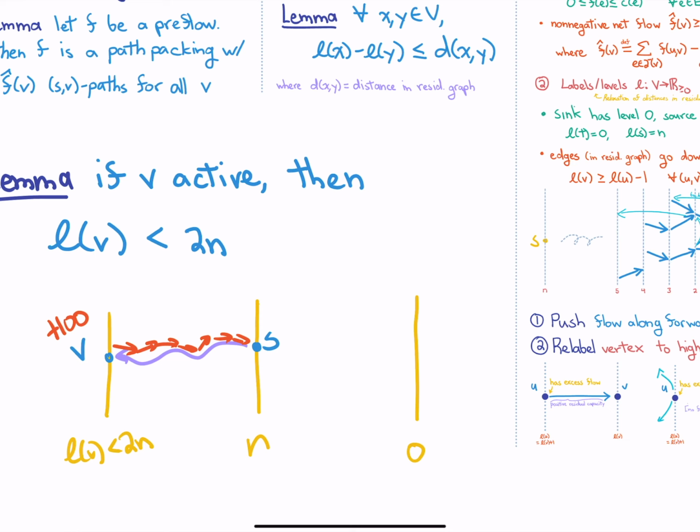There is a ceiling, because I'm only worried about the active vertices, the ones I'm relabeling, the ones that have extra flow. But it's saying you'll never relabel past 2n minus 1. So a vertex only gets relabeled about n times. That's not obvious from the beginning description of the algorithm. So there's actually a limited number of relabels.